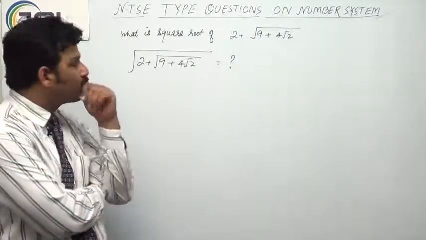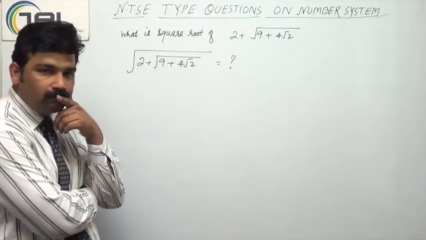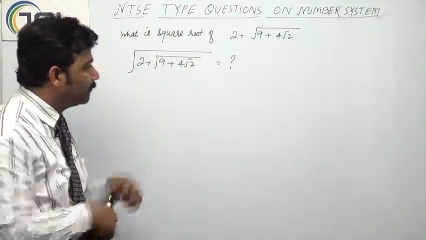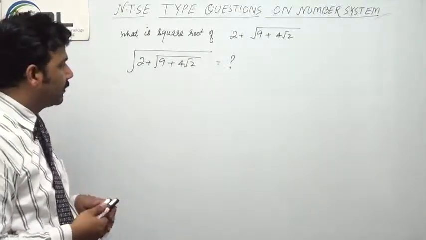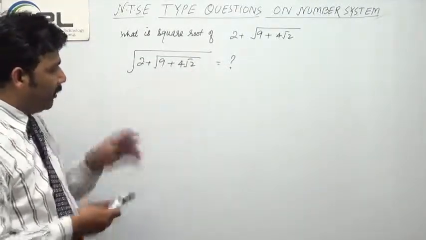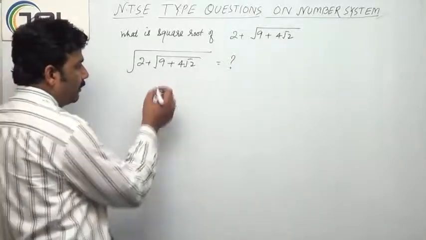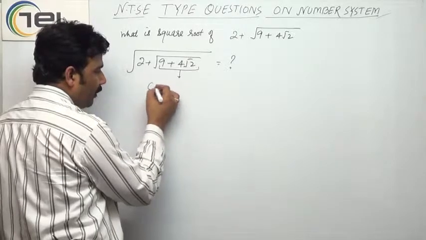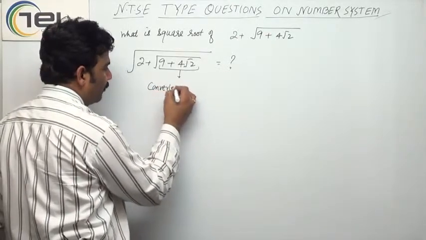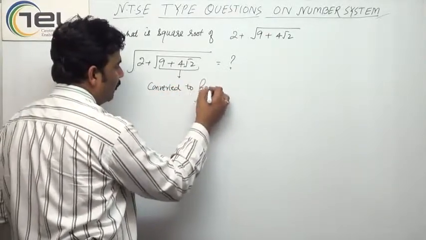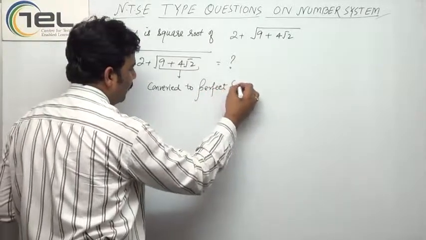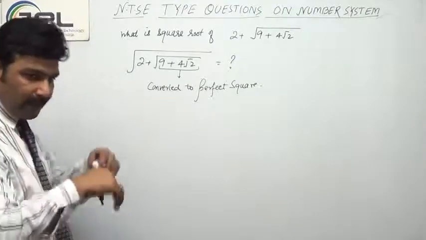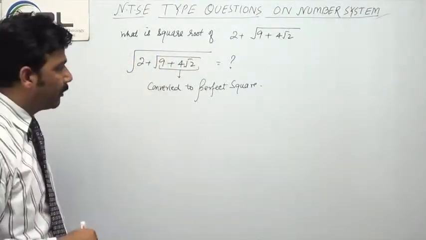How can I do it? Can I do it? Yes, I can do it easily. On this basis, this term should be converted to a perfect square. Then whatever comes, that again will be converted to a perfect square. See how.